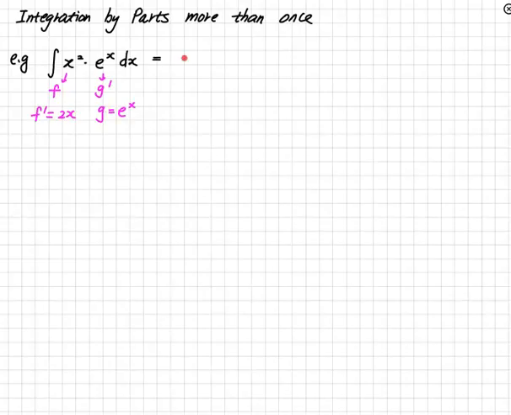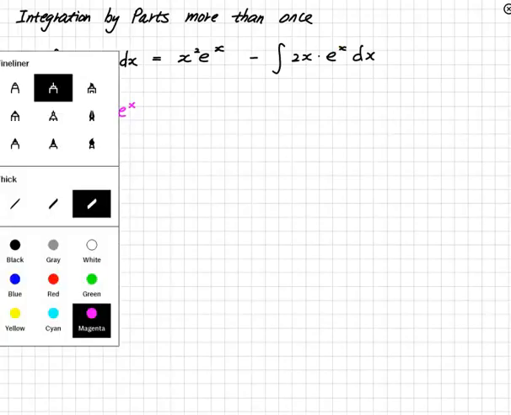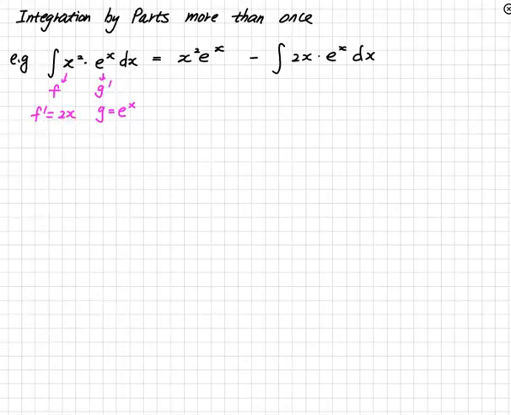So let's start with substitution. So this will give us fg, which is x squared e to the power of x, minus integration of f dash, which is 2x, times g, which is e to the power of x, dx. Now we have another problem here because we can't really integrate 2x times e to the x.